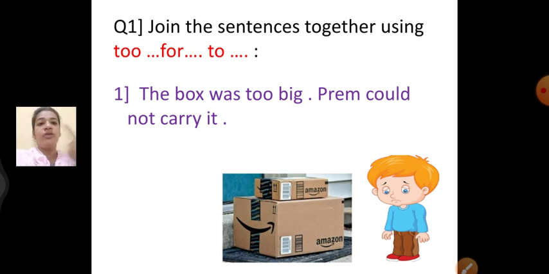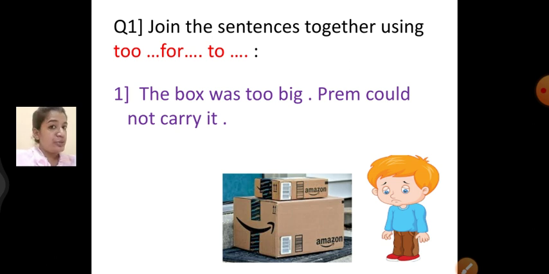Too, for, to. Now we are going to write the first sentence as it is because 'too' is already written in it. The box was too big. So the box was too big for whom? For Prem. To do what? To carry. Now we are not going to use any negative word in this sentence.